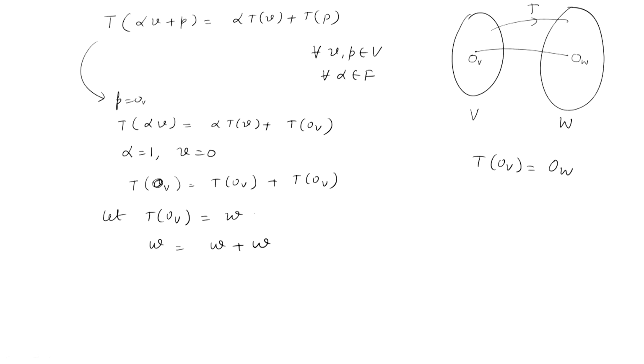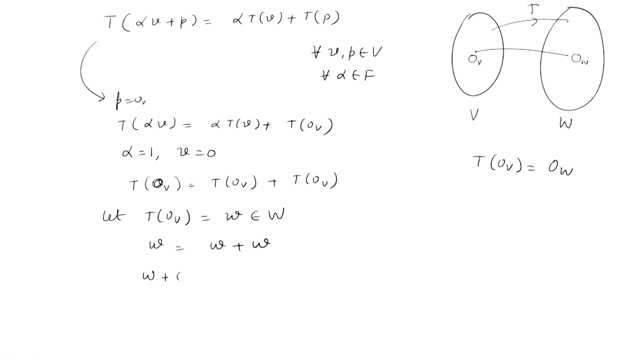Now, W is an element of capital W, which is a vector space. Since it is a vector space, its additive inverse will exist. So, you can always add the additive inverse of W to both sides. An element with its inverse gives the identity element.